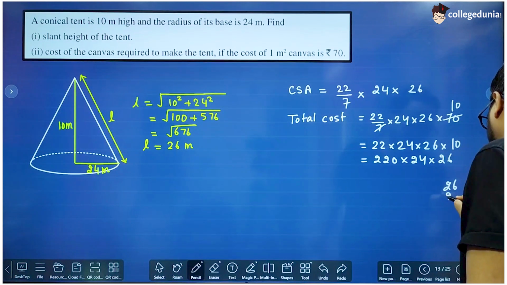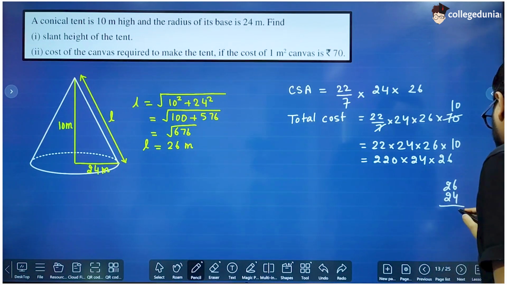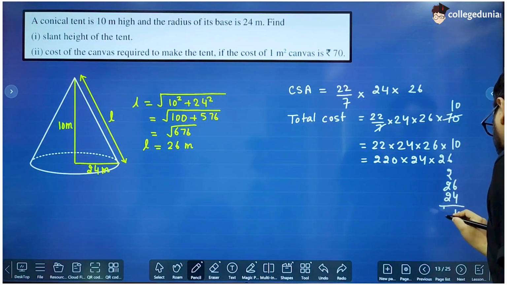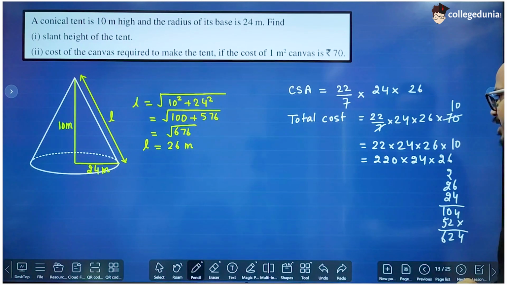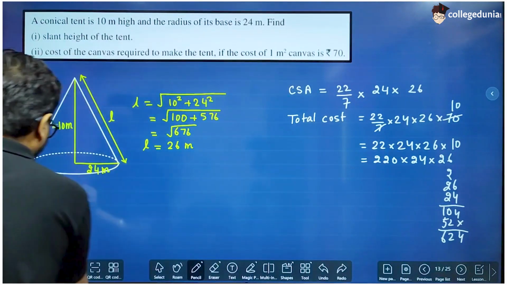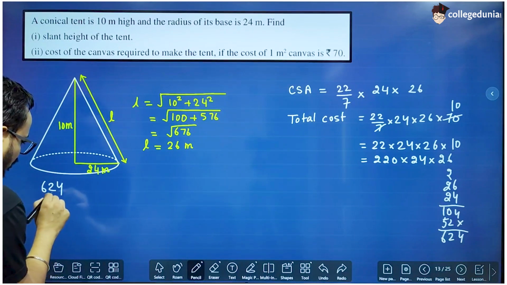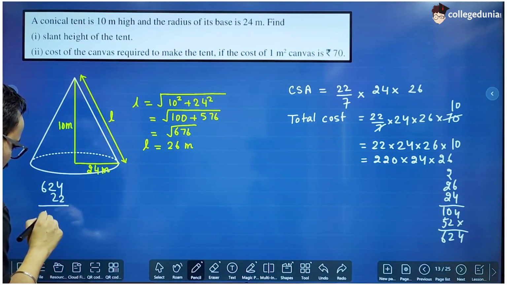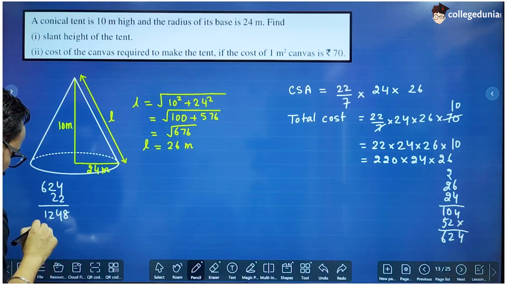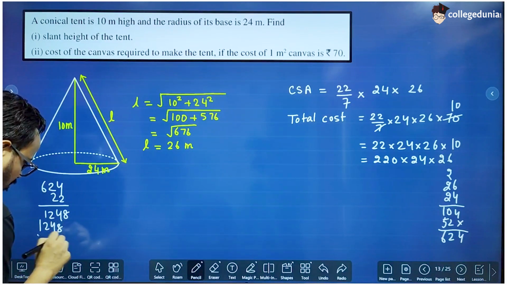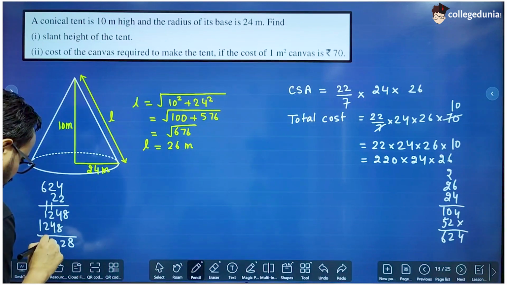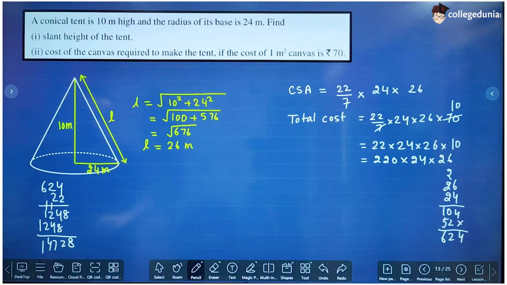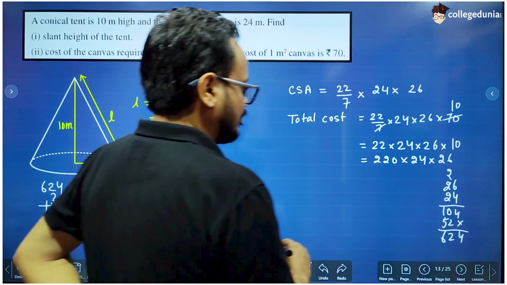So 26 into 24 is 624, and 624 into 22 is 13728.